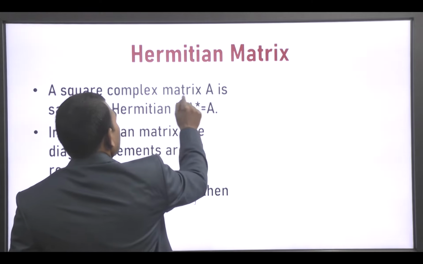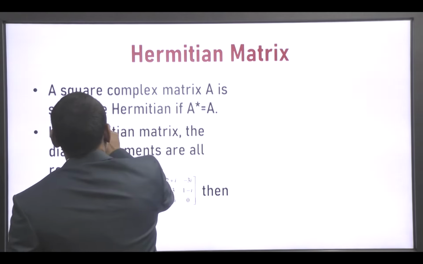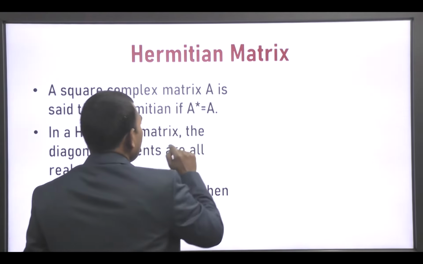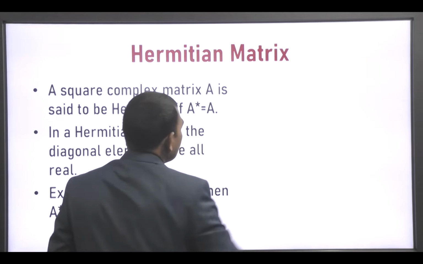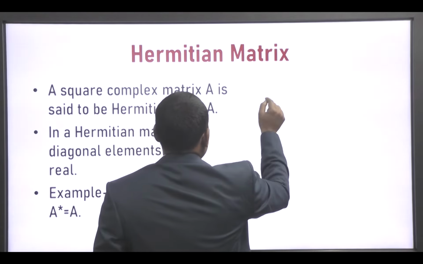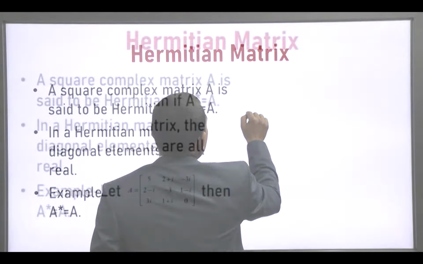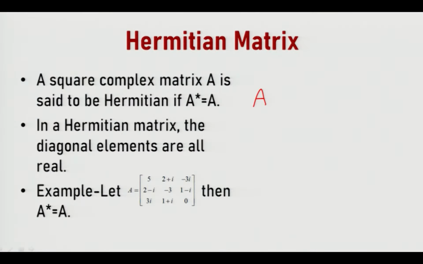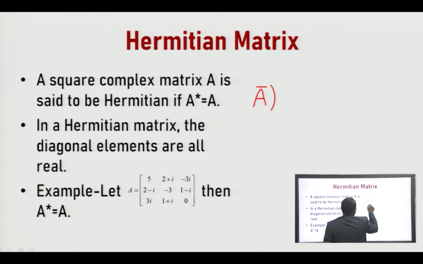A square complex matrix A is said to be Hermitian if A star is equal to A. That is, if A is given, then we take the transpose of the conjugate of A, and that will be equal to A. Then the matrix A will be known as a Hermitian matrix.